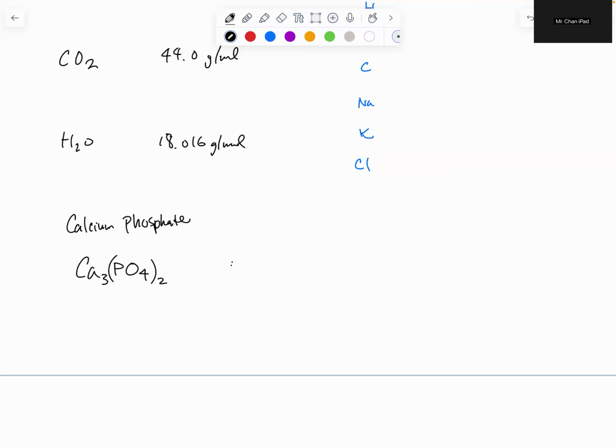The molar mass is? Nope. Now, look at your input and see what went wrong.